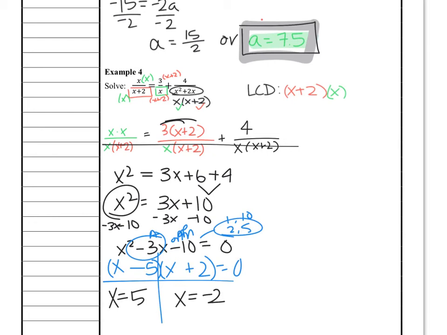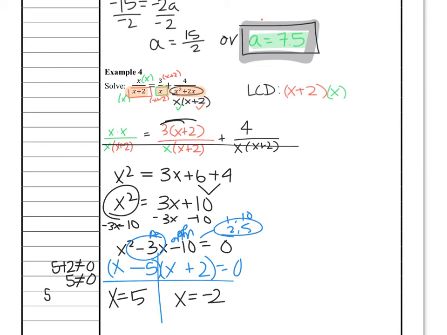But remember that we have to take it and go back to that original denominator, or set of denominators, and see when we plug in each of these values, would we get 0? So if I plug in 5 into that first denominator as 5 plus 2, which is clearly not 0. 5 plus 2 is 7. If I plug it into the second denominator, we just have 5, which is also not 0.